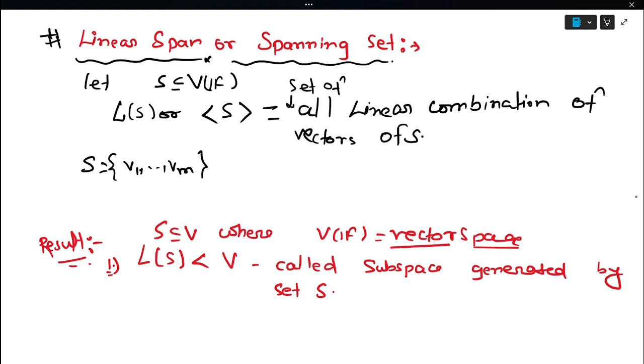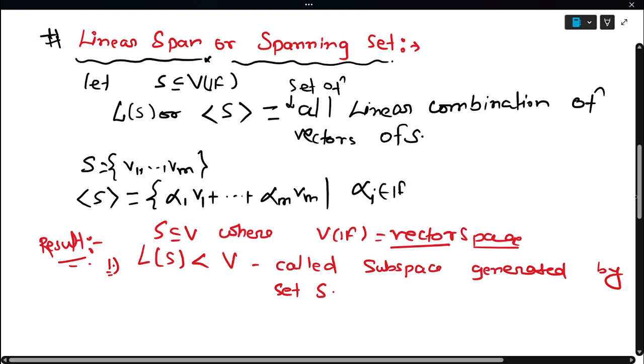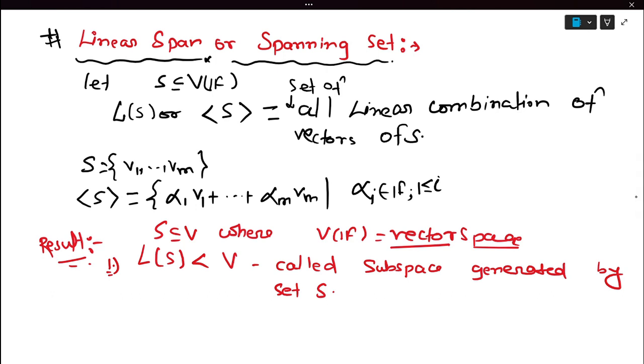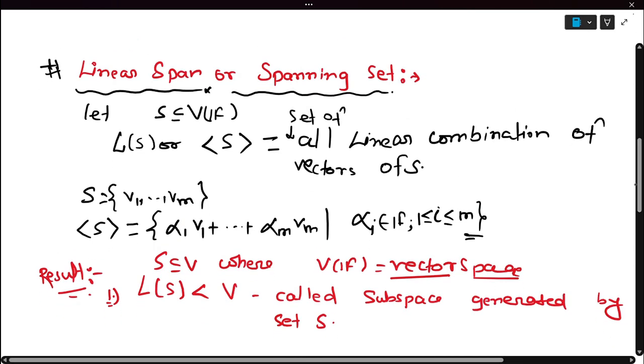Then what will be the linear span of S? This will be alpha 1 v1 plus ... plus alpha m vm, where the alpha i's are from the field, i varying from 1 to m. So this is the linear span of set S.